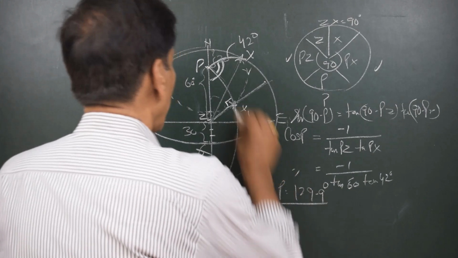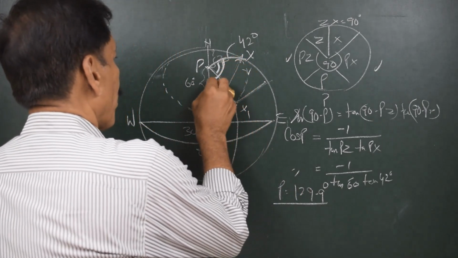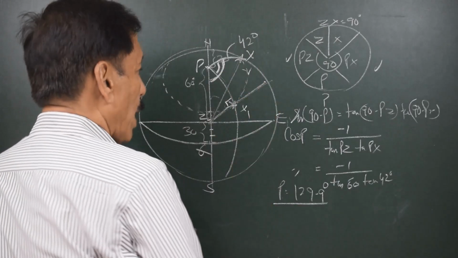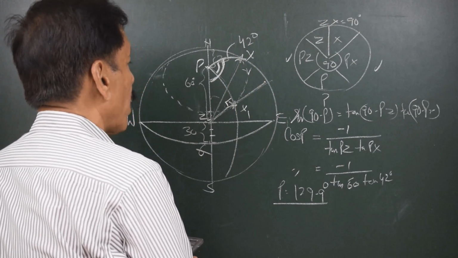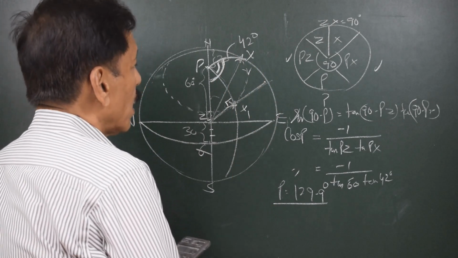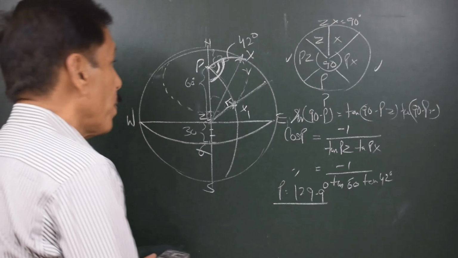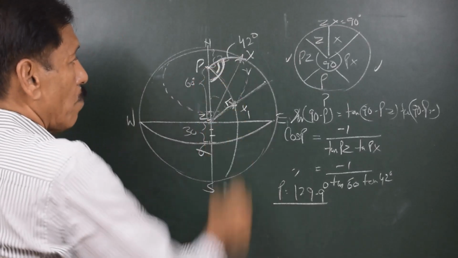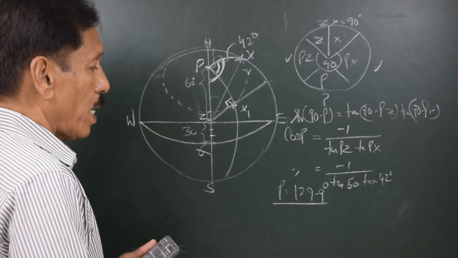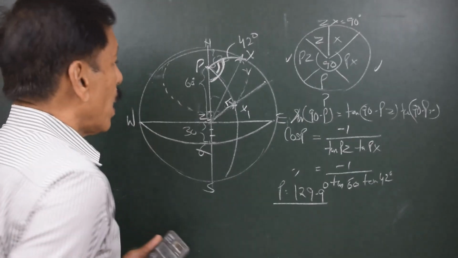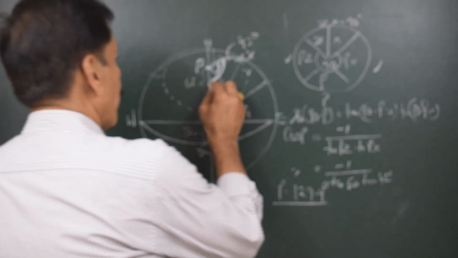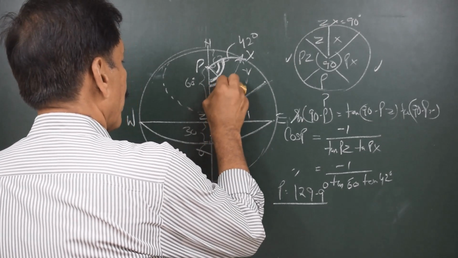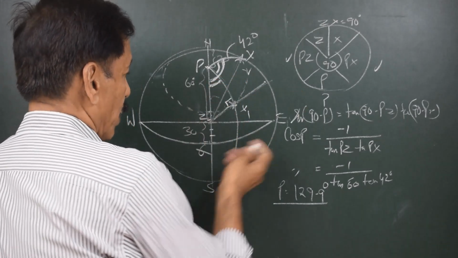So that is the angle subtended by the meridian passing through the star, that is the celestial meridian passing through the star, till the star is at meridian passage. So that big angle which you see is 129.9 degrees.